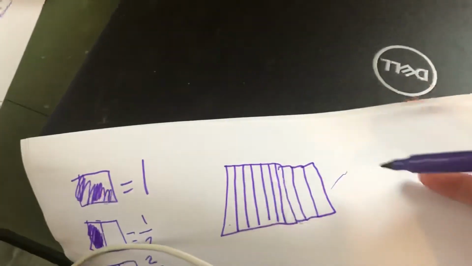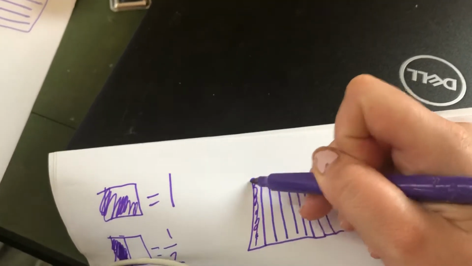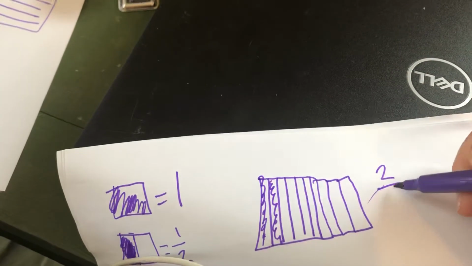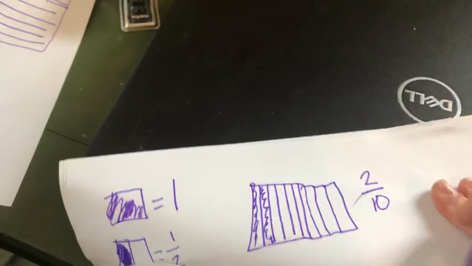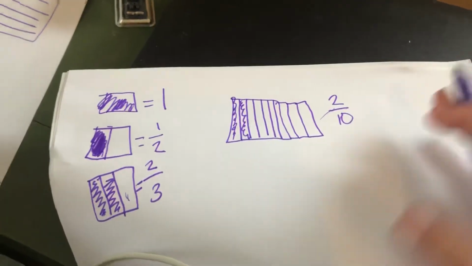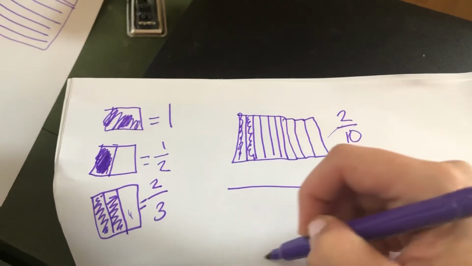Let's just pretend they're equal. Okay, so we have a shape with 10 pieces. Let's say we shade in 2. Okay, that's 2/10. If we shade in 3, that would be 3/10, or 4/10. We could keep going. And then we can even cut a piece into hundredths.